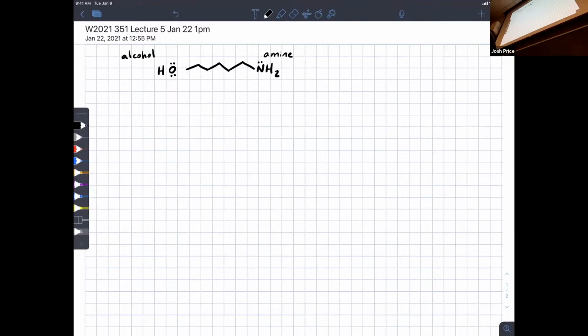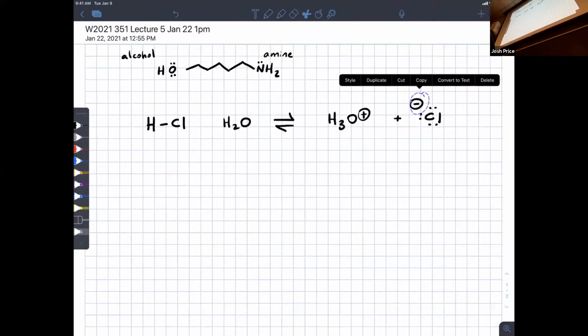So I'm going to show you an acid-base equilibrium that happens when you take HCl, which is a gas, by the way, and you dissolve it in water. And hopefully in doing this, I want to dispel a simplified notion that you may have picked up in general chemistry that isn't really relevant to the world of organic chemistry and the world of reactions in water.